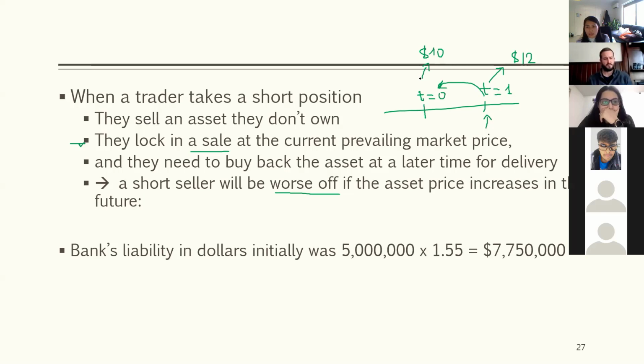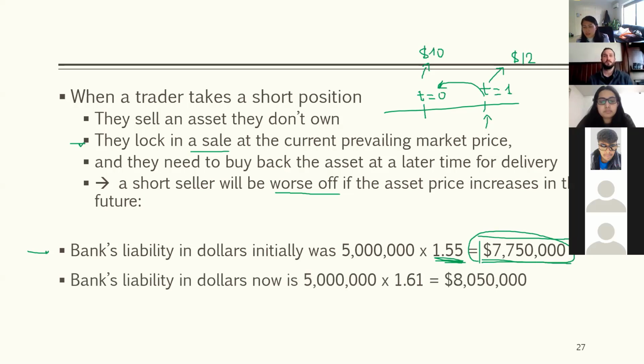So going back to our bank in question, at the start I shorted the pounds at 1.55. If I assume that the market rate is going to stay at 1.55 in the future, then when I buy back the pounds for delivery, I'm going to buy back at 1.55, which means the cost for this transaction is going to be 7.75 million USD.